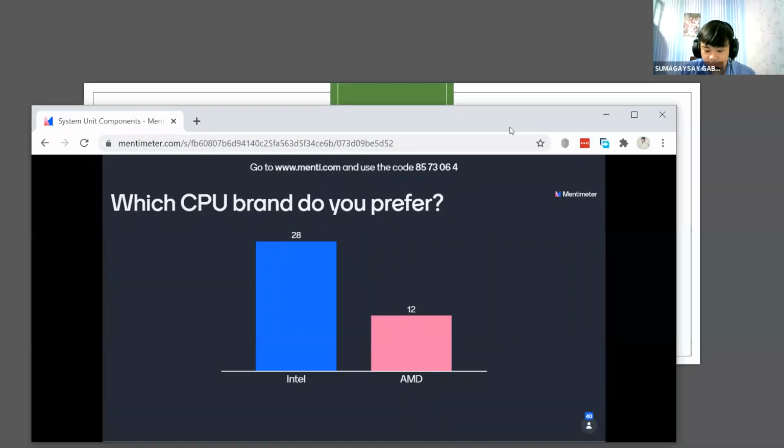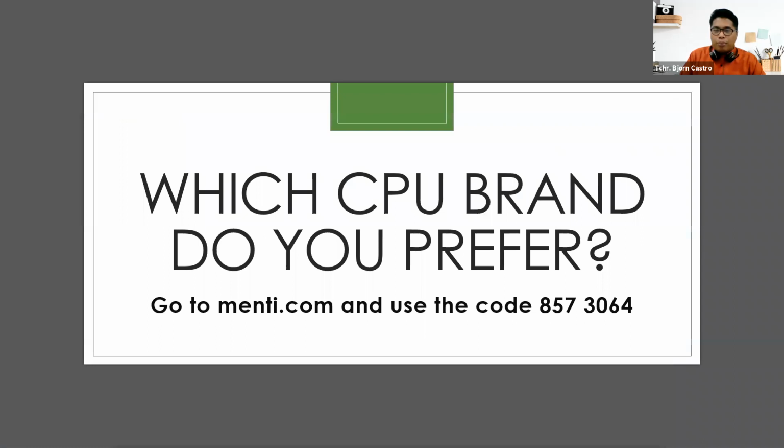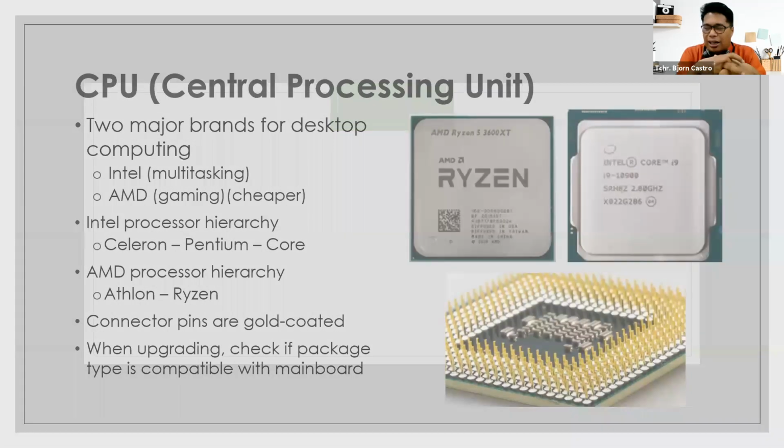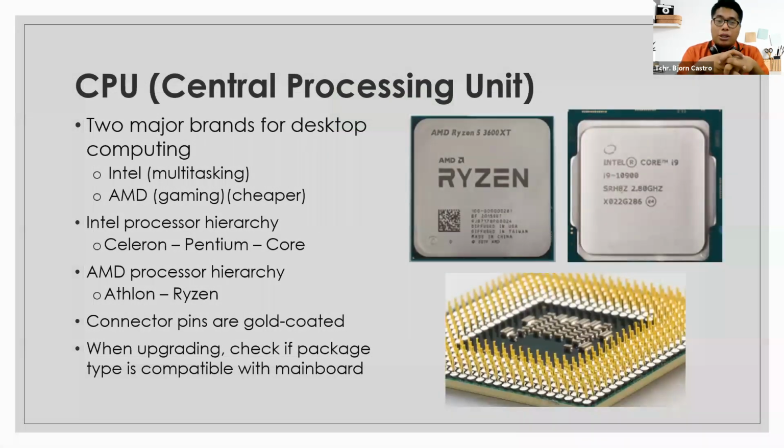Now, since AMD is a fairly new player when it comes to desktop computing processors, probably around 2000. Ang Intel, 1960s pa lang, meron ng Intel. So bata-bata pa si AMD.